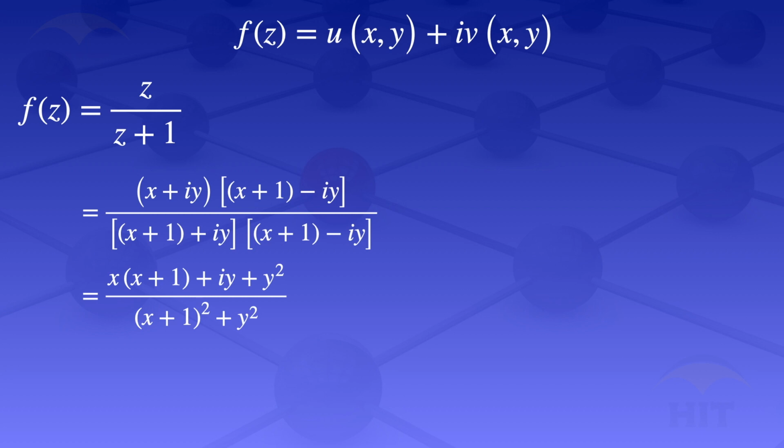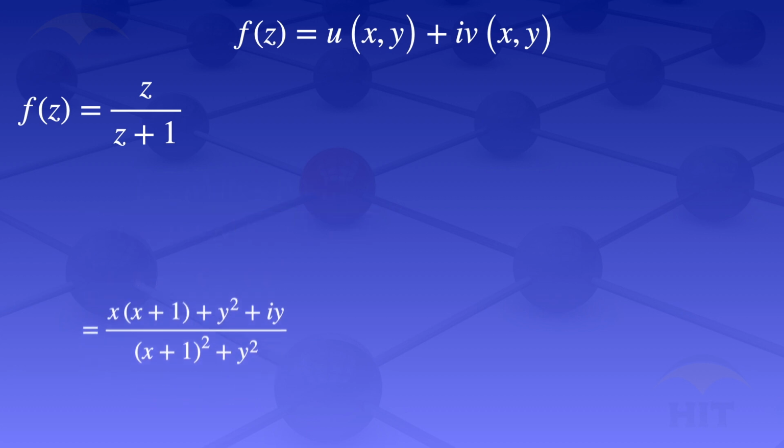In the numerator, the imaginary part is just iy, so I will write it at the end, and our fraction becomes x(x + 1) + y squared + iy, divided by (x + 1) squared plus y squared.